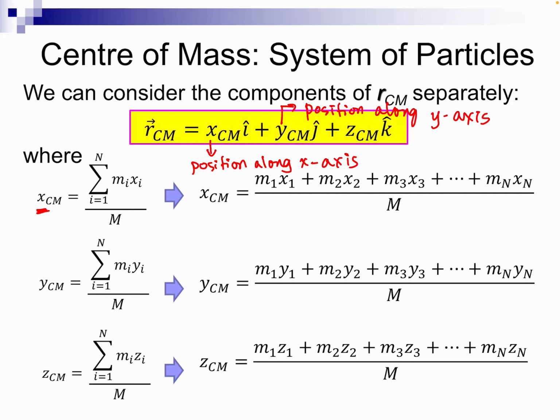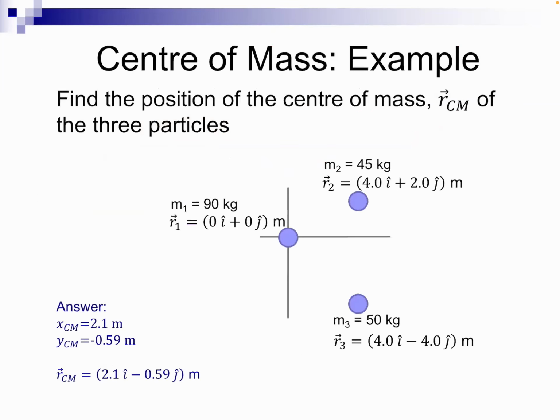Okay. All right. So the easiest way to apply this is to look at an example. We want to find the position of the center of mass of these 3 masses. Say you have mass 1 at the origin, 0 i hat plus 0 j hat. Mass 2 is located somewhere here.